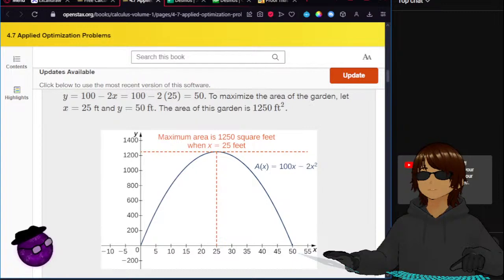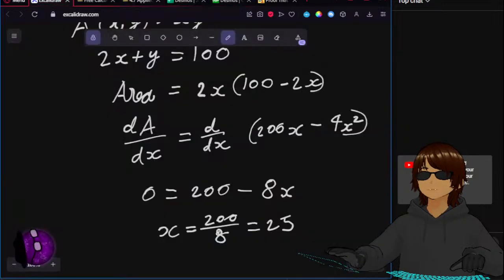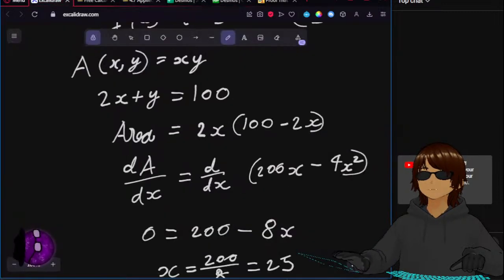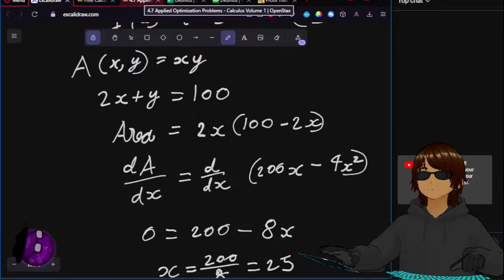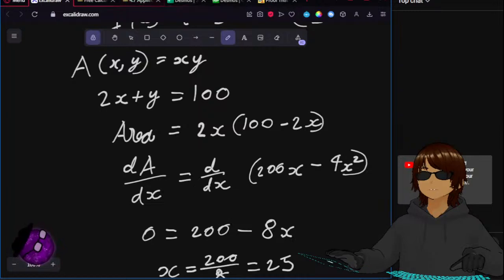Why does it say 100x? Oh, wait. This is not 2x, this is just x.